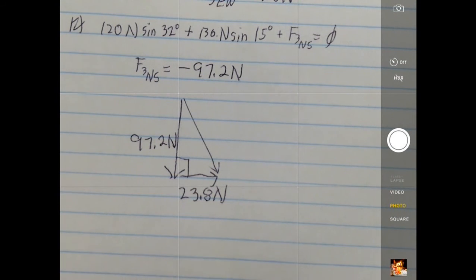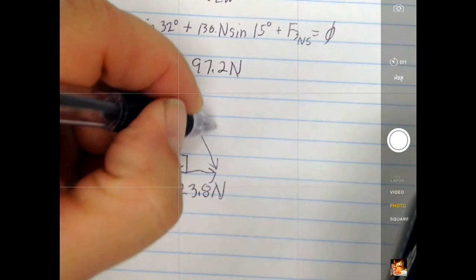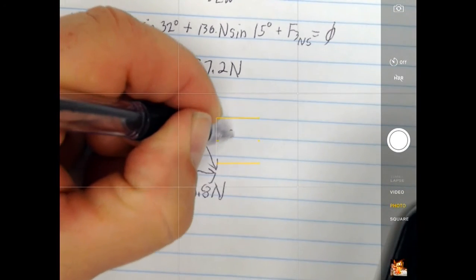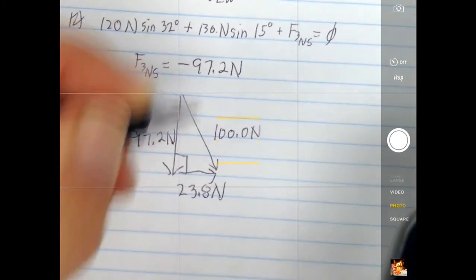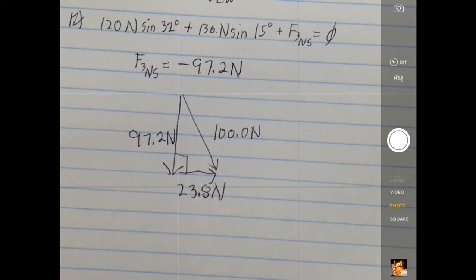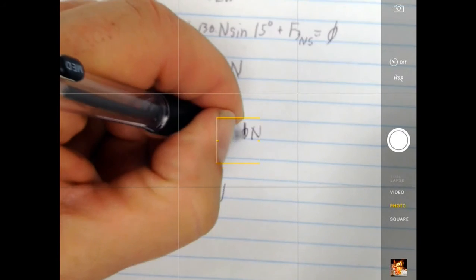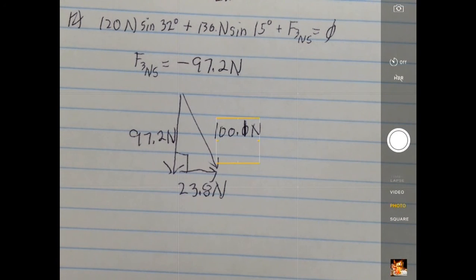I would use Pythagorean's theorem to get the hypotenuse. I get 100. Wow. Well, 3 sig figs, 100 newtons.